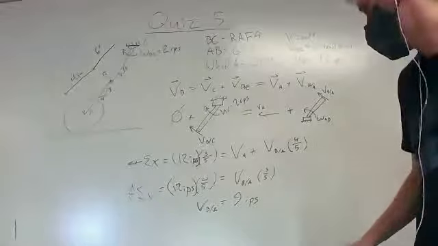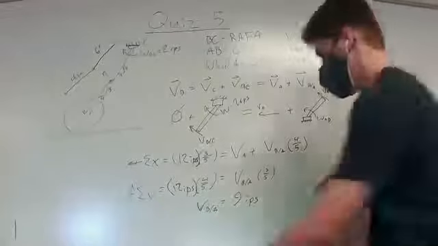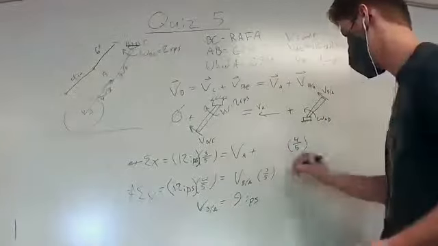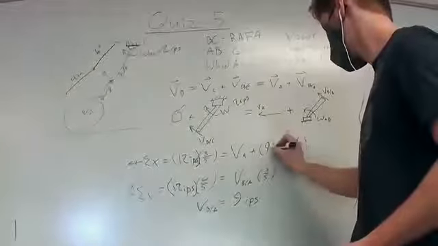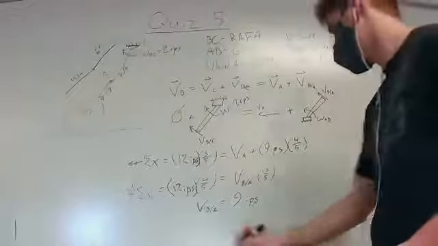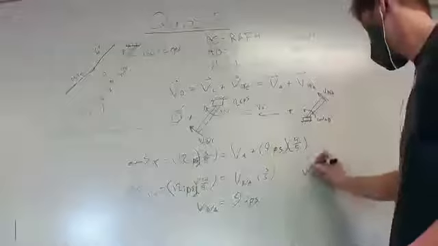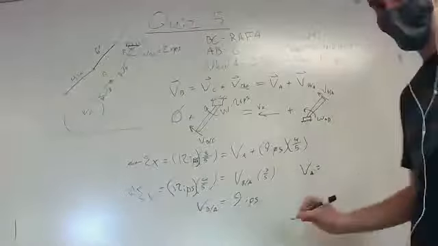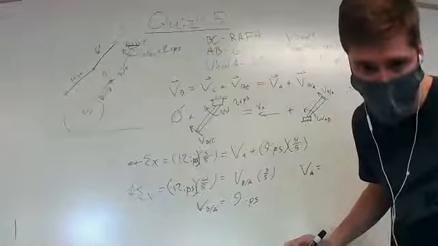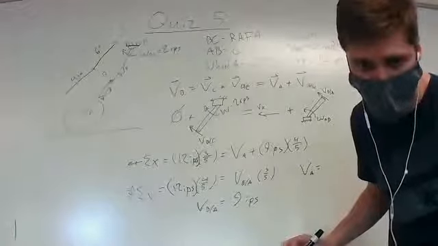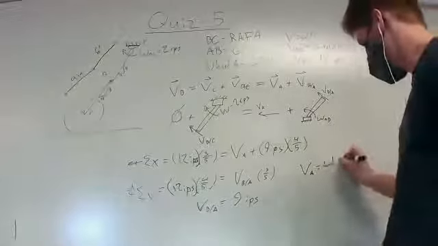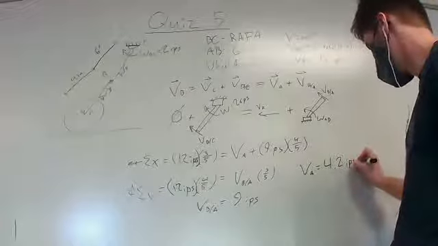So once we know that, we can put in VBA here. And now we only have one unknown here. And we can say that VA is equal to 4.2 IPS.